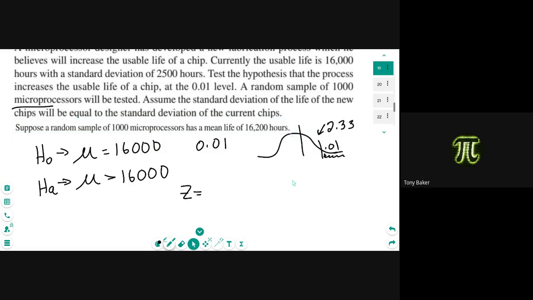All right. So my sample mean is 16,200, minus the 16,000, divided by my standard deviation, which was 2,500, over the square root of, and we did 1,000.